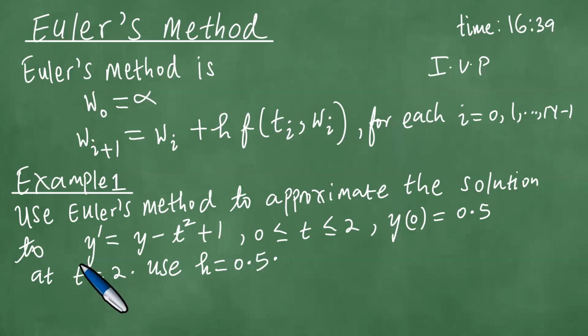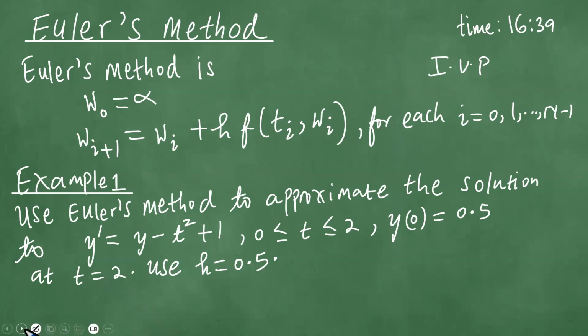So what are we supposed to do here? We look at the solution to this example, because they're saying use Euler's method to approximate the solution to this. So we want to find the approximate solution to this differential equation, where t lies between 0 and 2, but at t equals 2. So we want to estimate this at t equals 2, so we want to find y at 2.